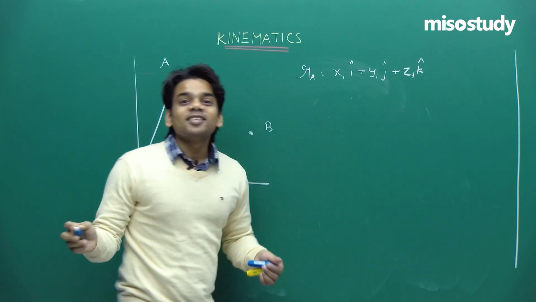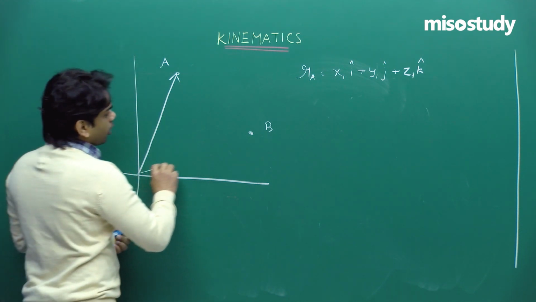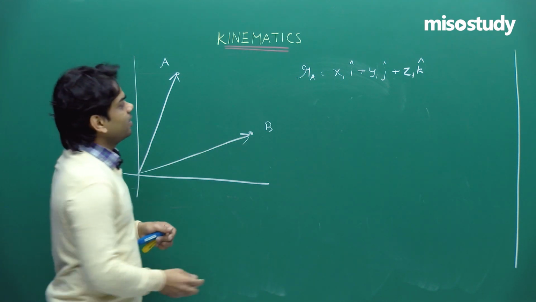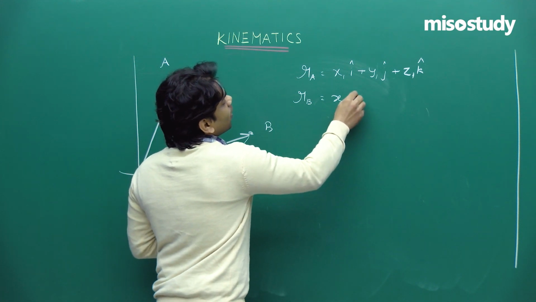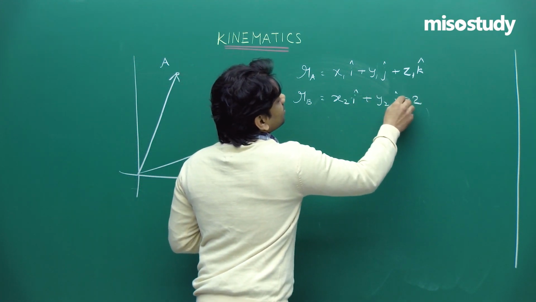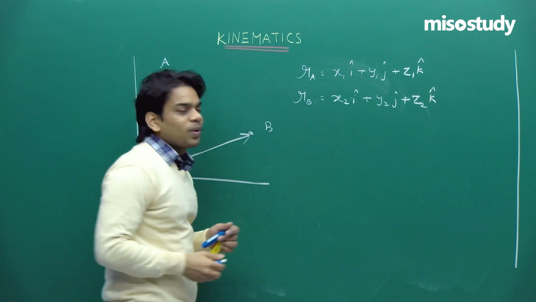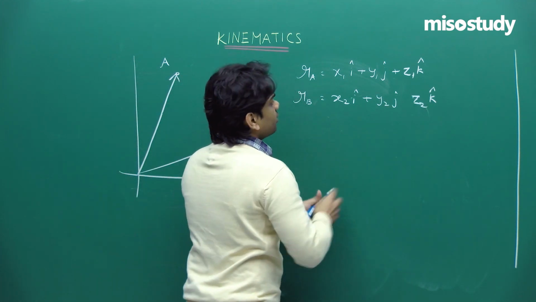This is the position vector of the particle when it was at point A. Let's say the particle reaches point B. So this is the position vector of the particle when it is at B. Let's say the position vector is given as x2 i cap plus y2 j cap plus z2 k cap. This is the position vector of the particle when it was at point B.